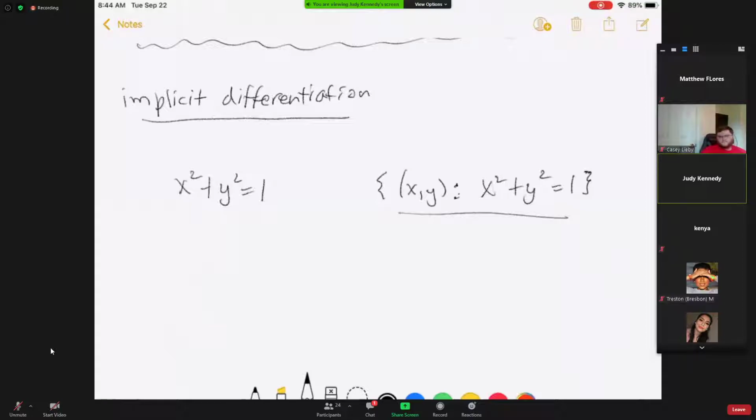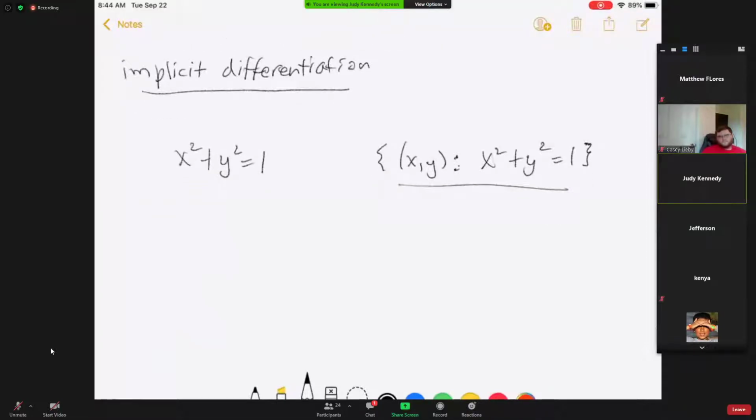Nobody recognizes that equation? A circle, excuse me? Who said that? Jefferson. Okay, very good. That's a circle. In fact, you call it the unit circle in the plane.